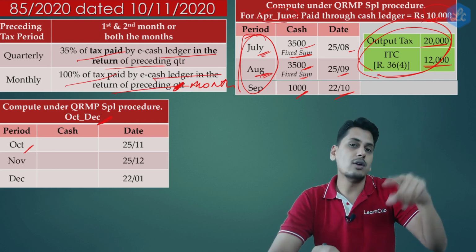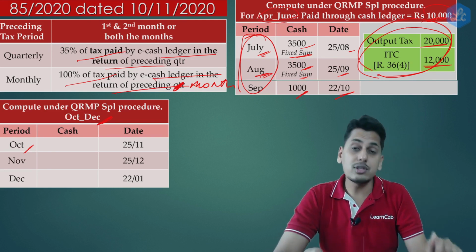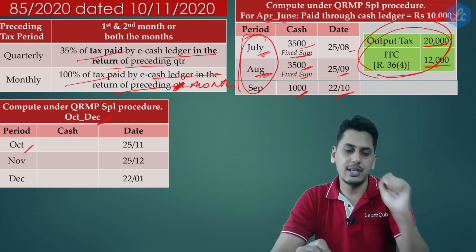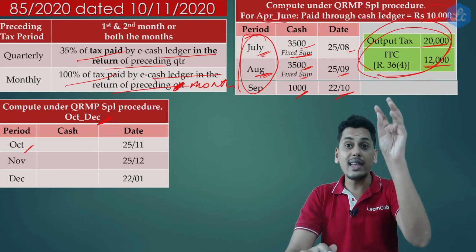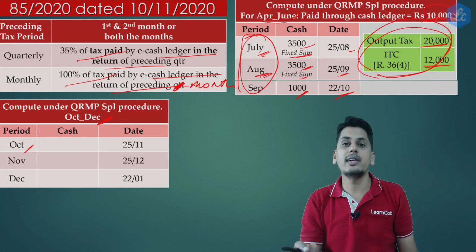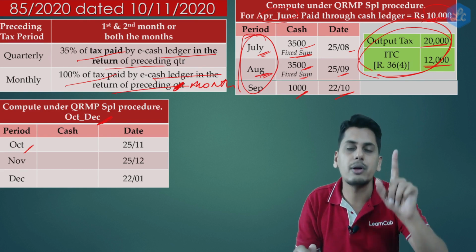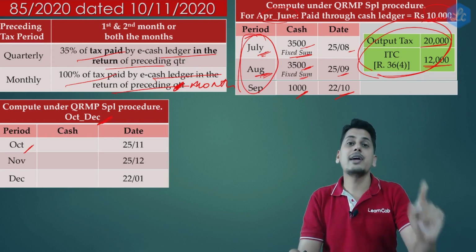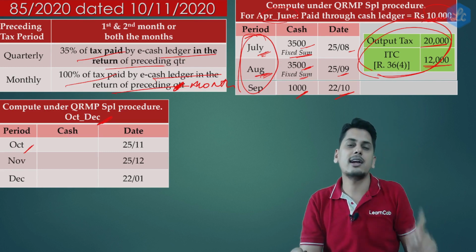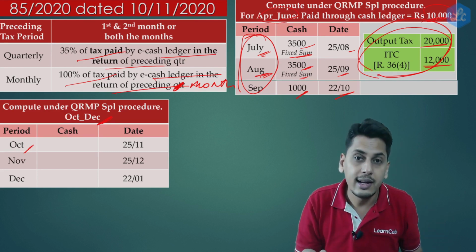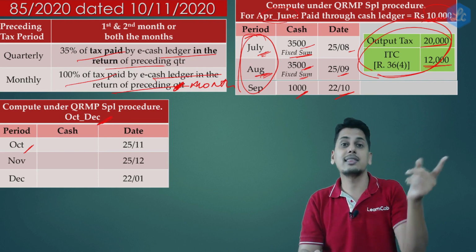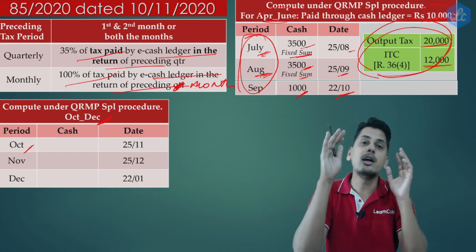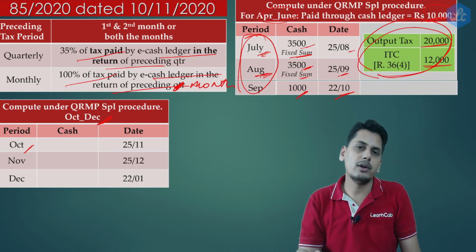Just visualize how the scenario would have been. 8,000 to be paid from your electronic cash ledger. 35 plus 35 is already available as a deposit in the electronic cash ledger. It is not yet debited from the electronic cash ledger. I repeat, 35 and 35 is only deposited in the electronic cash ledger. That debit would be done only when the return for July, August, September is going to be filed.